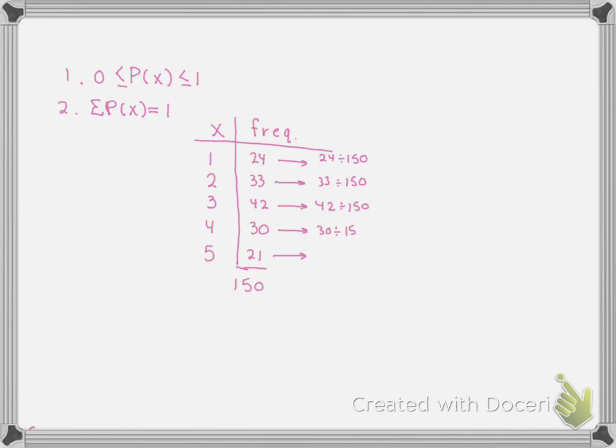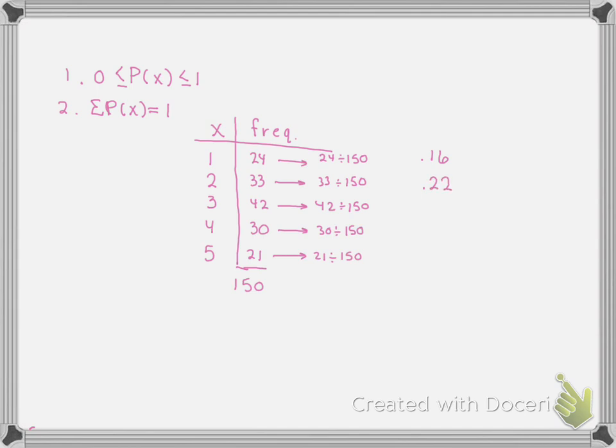Find the relative frequency of each one of these entries. 24 divided by the 150, we get 0.16. These numbers are what's important as far as following those two rules that we need to follow to determine if this is actually a discrete probability distribution or not. We need these relative frequencies.